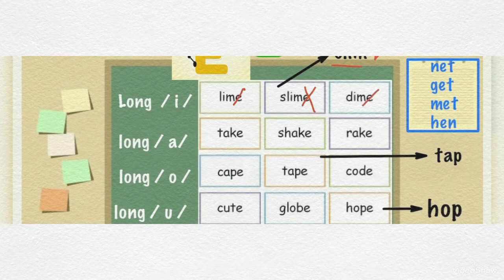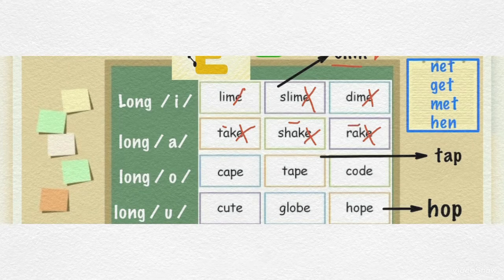And here dime. And here take. I will not read silent E, but it makes A longer. Shake. I will not pronounce letter E, silent E, but it makes letter A longer. Rake. I will not pronounce letter E, but it makes the vowel longer.